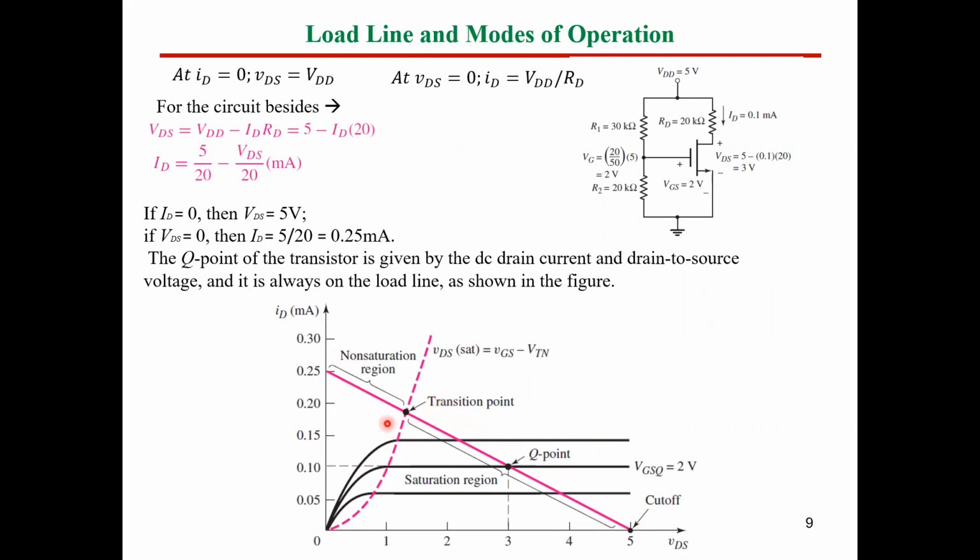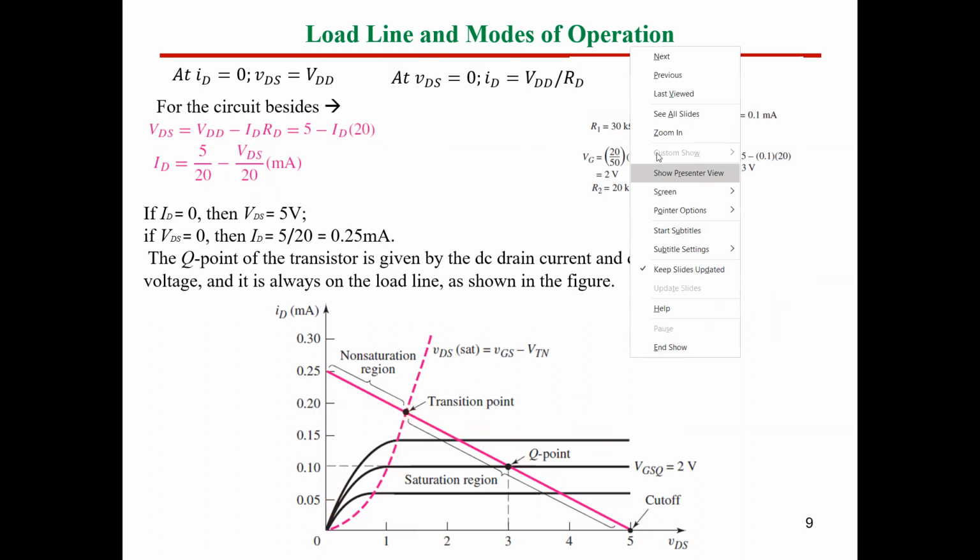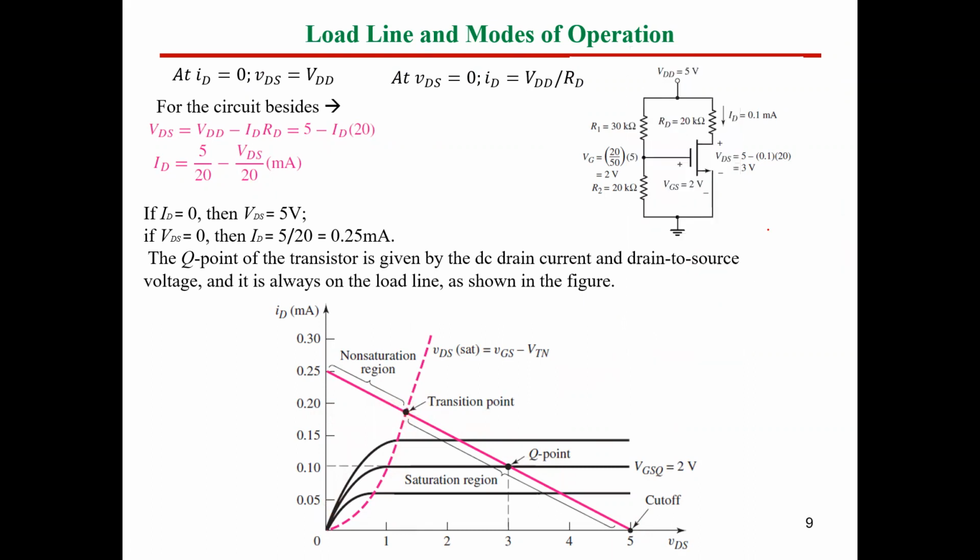In order to determine this point, we need to identify three things actually. One is VDS, the value of ID, and the curve of VGS which is going to pass through this point. So if I just draw the line here like that, it will be like that. So we need to identify this point.